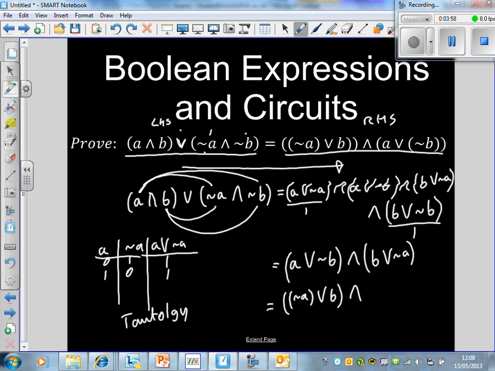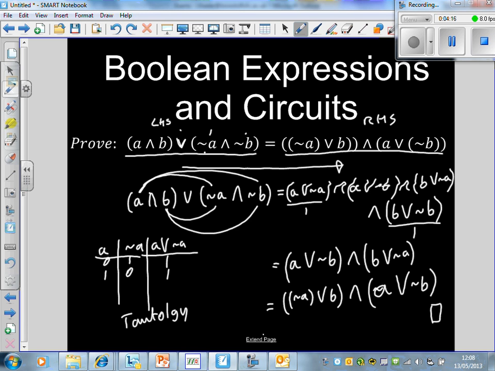So not A or B, and let's get this right, A or not B. Okay, and we have the right-hand side as required.